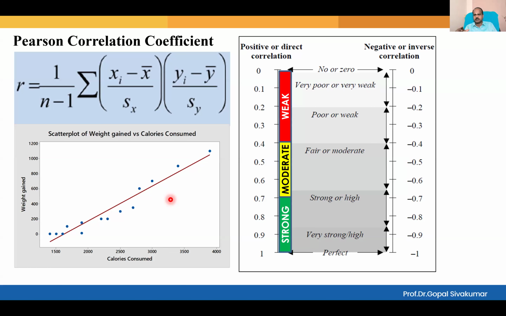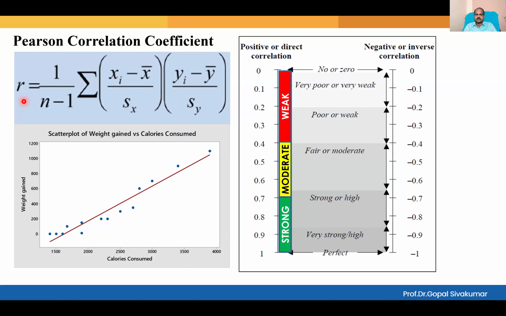In order to eliminate the difference in opinion, because somebody can say it is strong, another person can say it is very strong, in order to rule out this confusion, a formula is introduced. You can see here a formula.